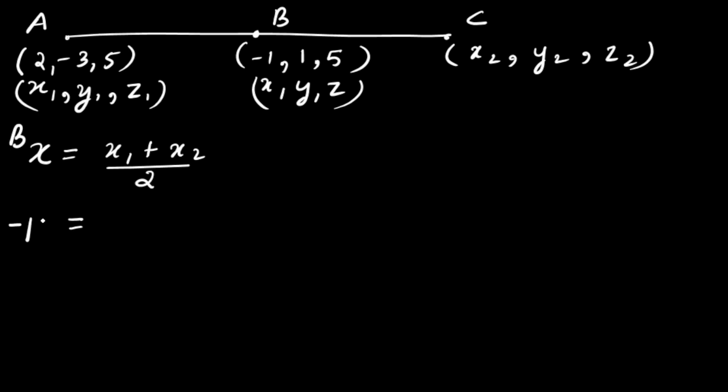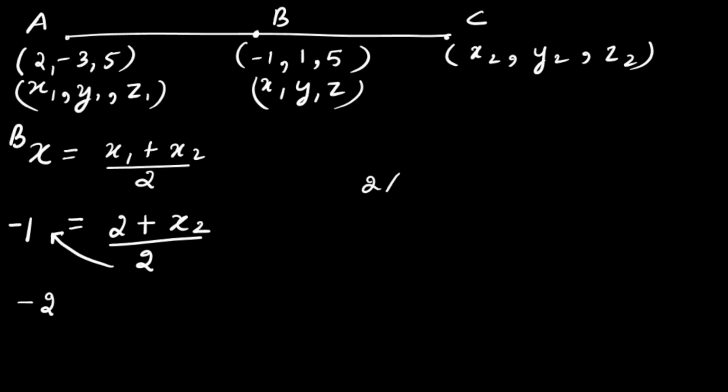So the x coordinate is equal to (x1 plus x2) by 2. This is B's coordinate because B is the midpoint, and B's x value is negative 1. So I'm just substituting the value: x1 is 2 plus x2, which we don't know, so we write it as it is, by 2. We'll simplify this. The 2 will shift to the other side, so negative 1 into 2 is negative 2.